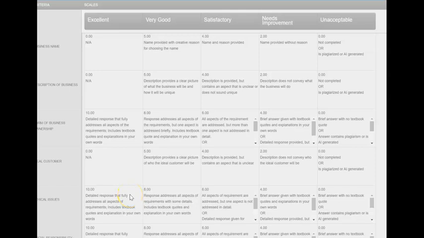And for most of them, it is how detailed it is. So make sure you fully explain each part of the requirement. One sentence is not a detailed response. So you probably need a couple of sentences to explain your thoughts.